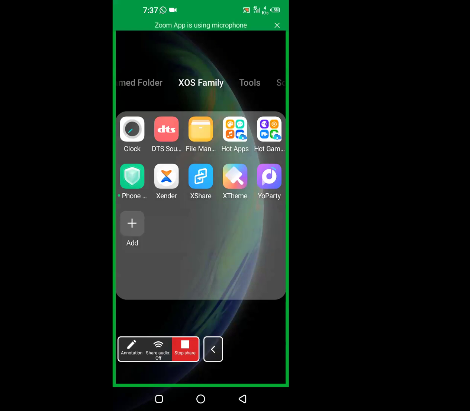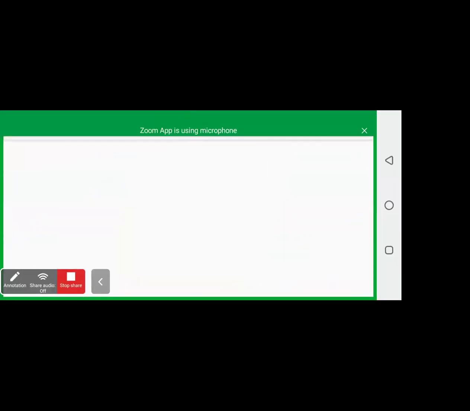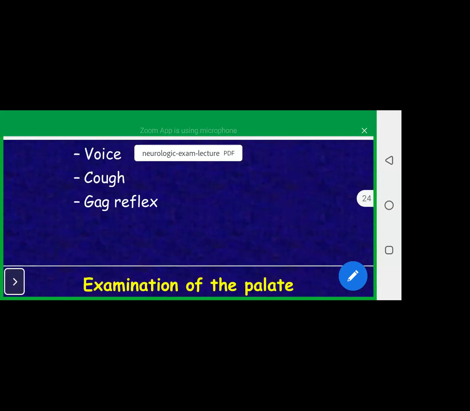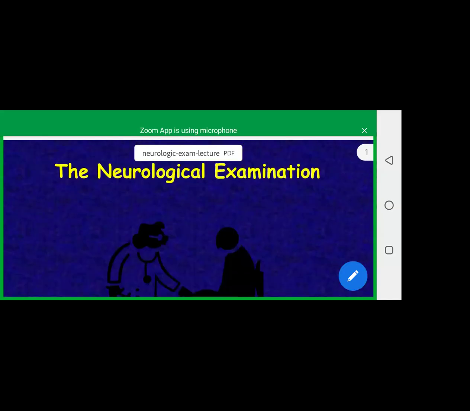The nervous system examination is probably the most complex part of the examinations, but we'll see how we can make this as simple as possible.